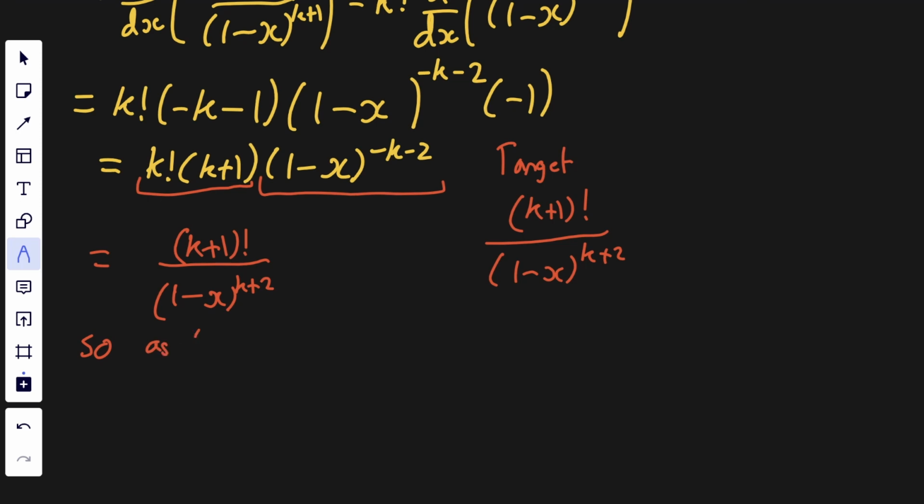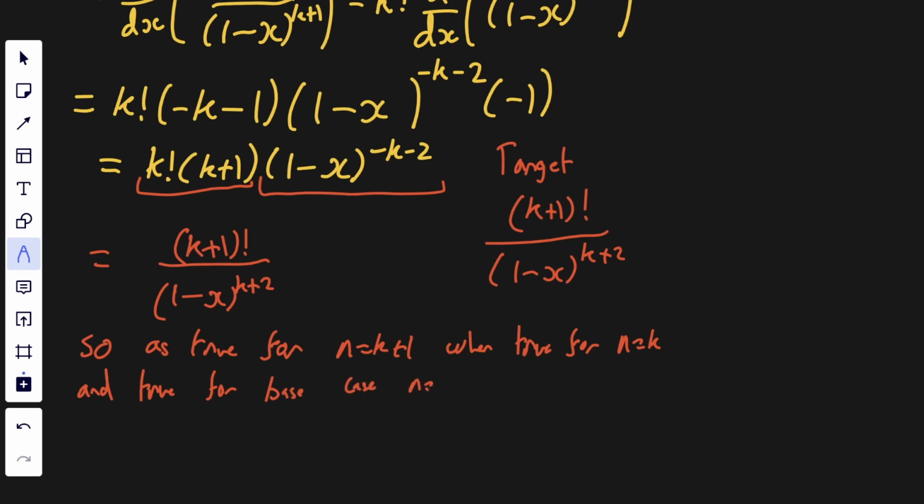So it's true for n equals k plus 1, when true for n equals k, and true for the base case n equals 1, so by mathematical induction, it must be true for all n greater than or equal to 1.